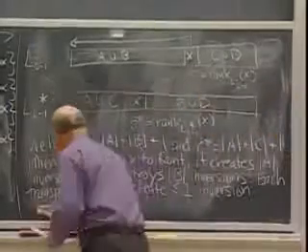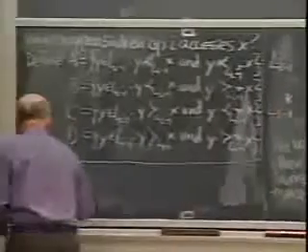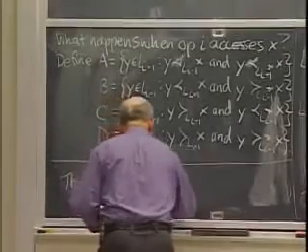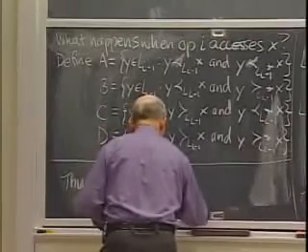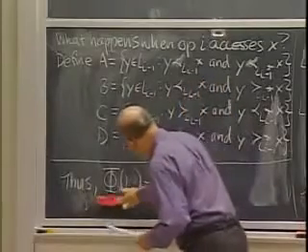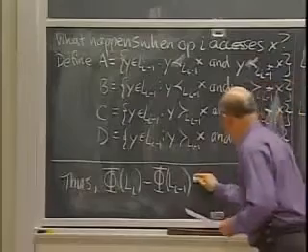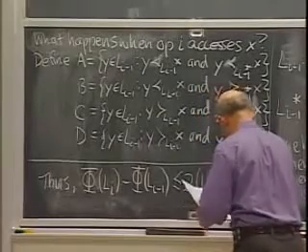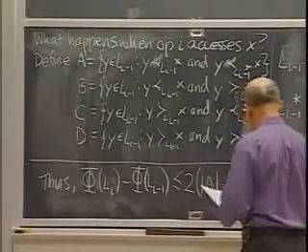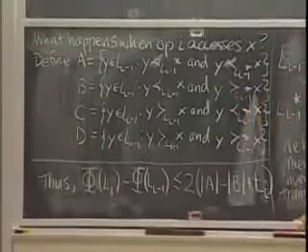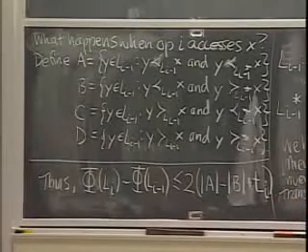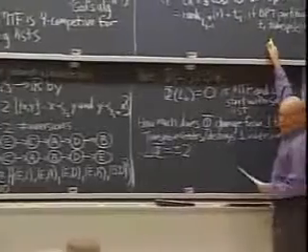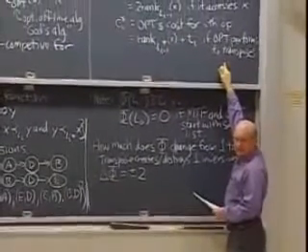So let me write it over here. Thus, the change in potential is going to be at most twice A minus B plus t_i. Remember, t_i was the number of transposes that OPT does on the ith step, for the ith operation.